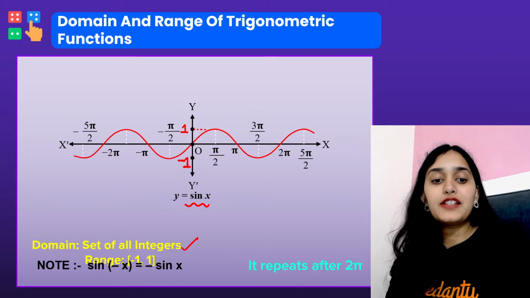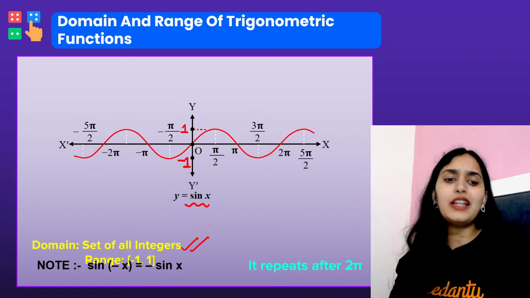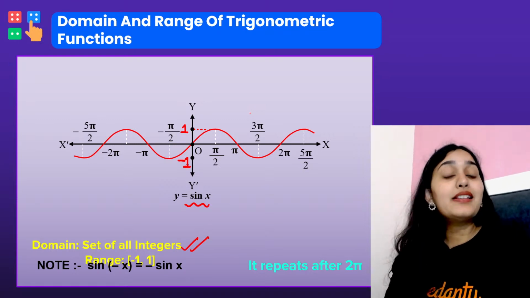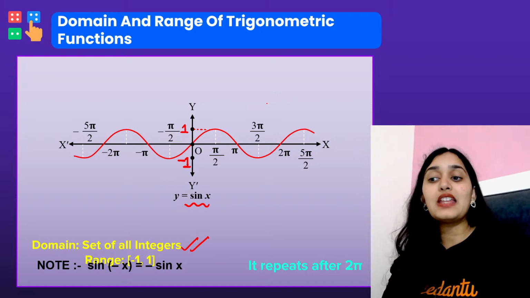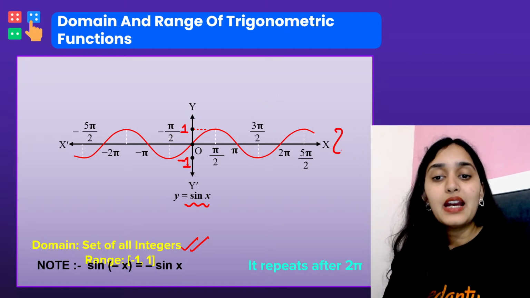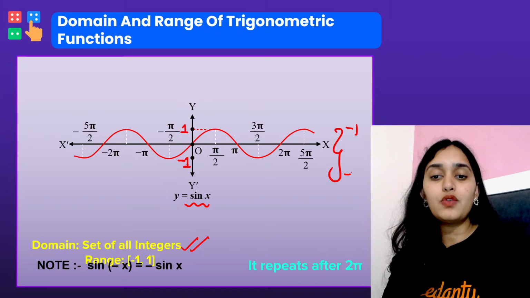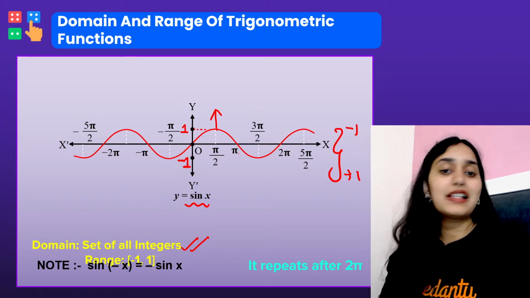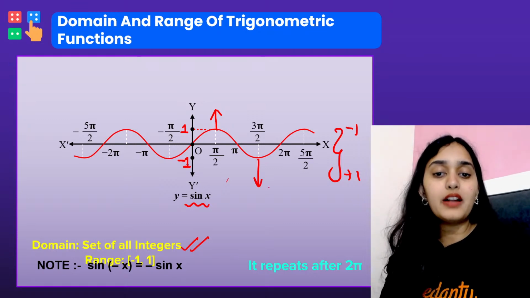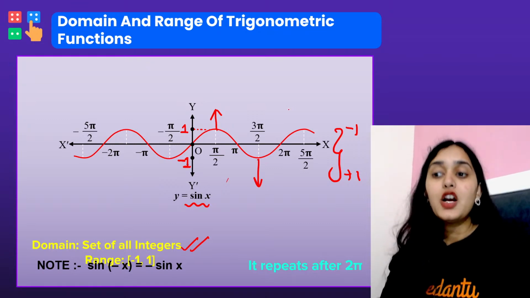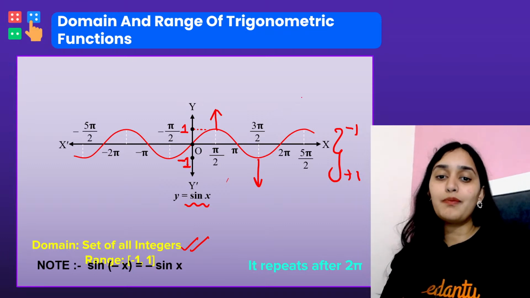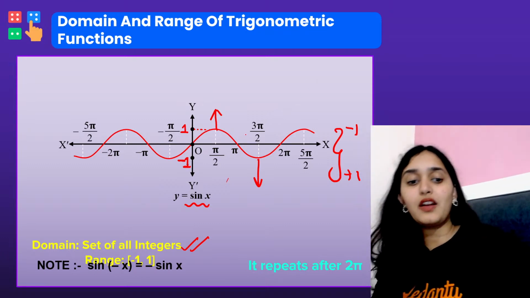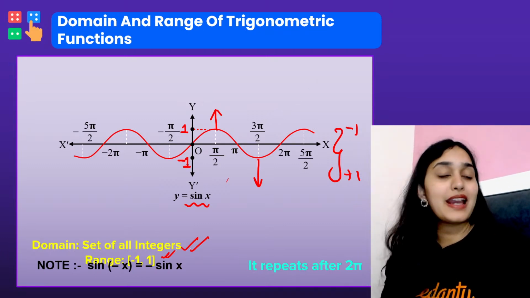So, the domain of the sine function is all real numbers. And what is the range of the sine function? The range of the sine function is only between -1 and +1. The sine function never goes beyond +1, never goes beyond -1. So it is always between -1 and +1.